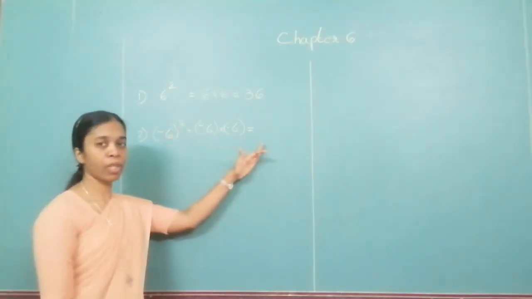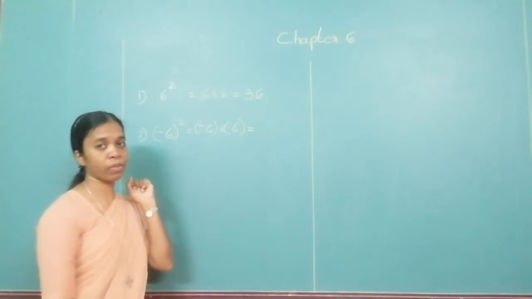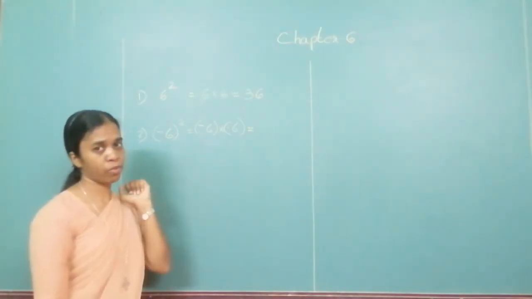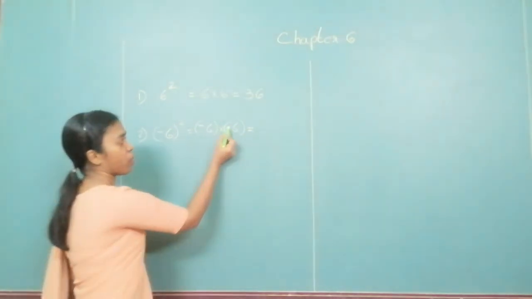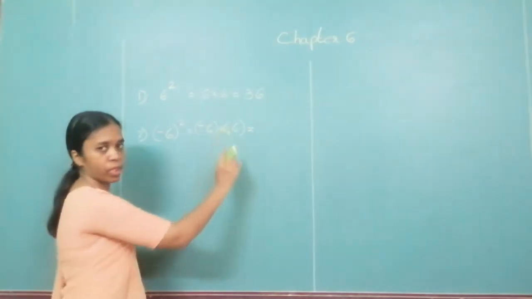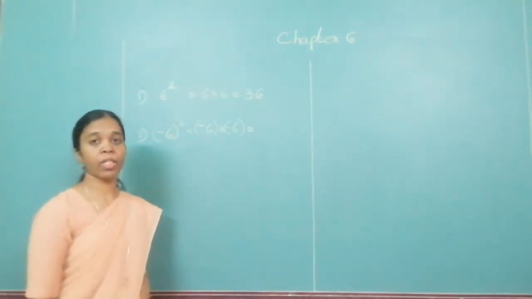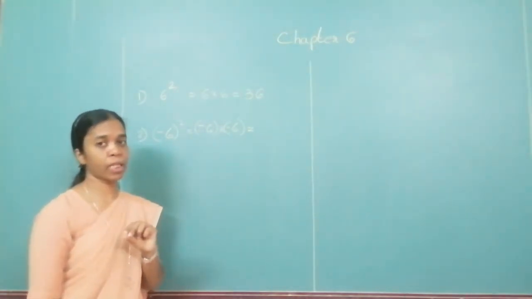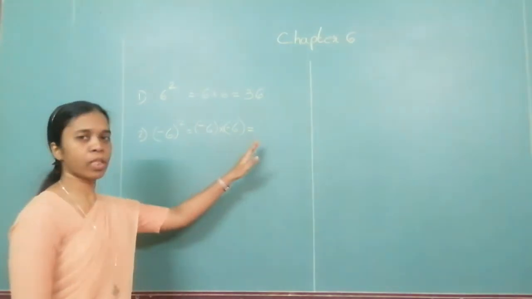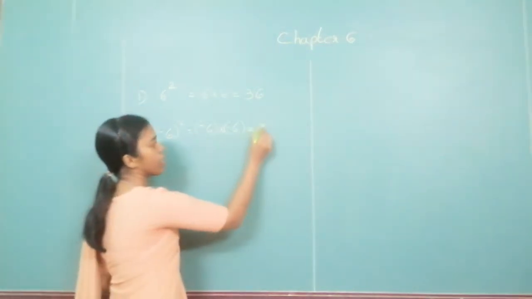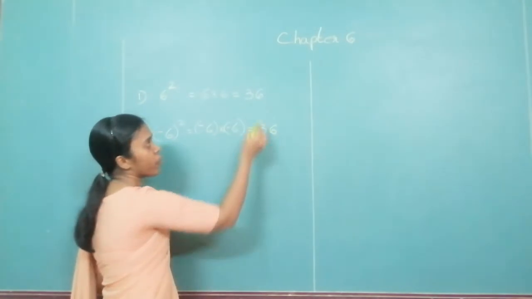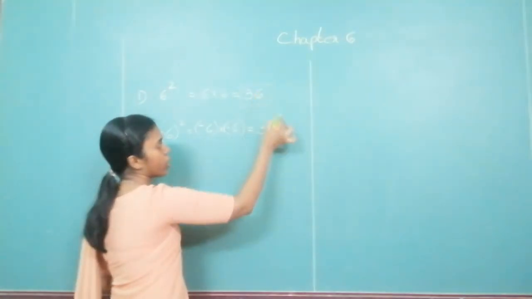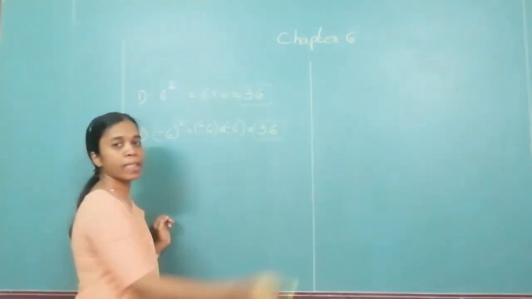Therefore, will the answer be positive or negative? It will be positive. Okay. Also, if you look here, minus into minus, in multiplication and division, if the signs are the same, the answer is positive. So, your answer is positive. 6 6s are 36. Can you see this? In both the cases, we have got the same answer.